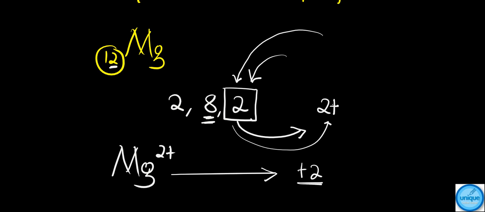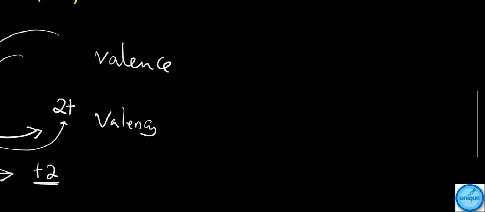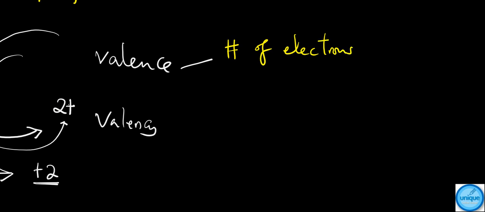I should also take advantage on this one. There's a difference between valency and valence. Let me write here valence. Some students confuse valence and valency. When you talk about valence, this is the number of electrons in the outermost shell.